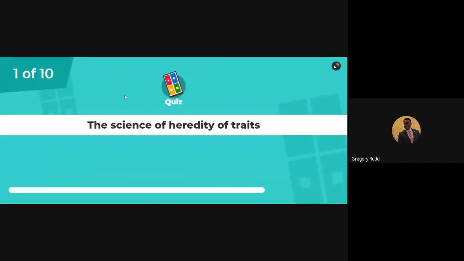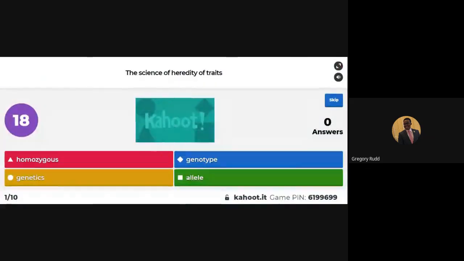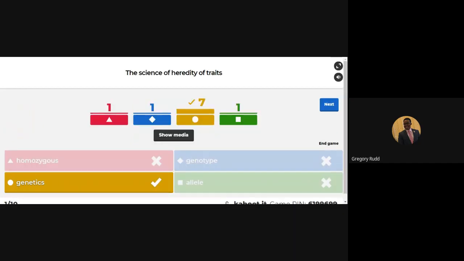The science of heredity of traits. Oh, okay. The answer should be the word that is defined as the science of heredity of traits. Good.